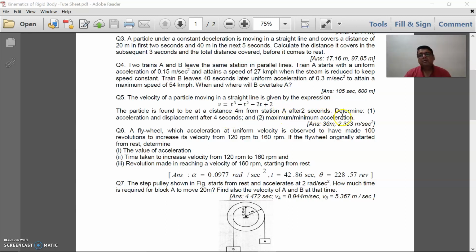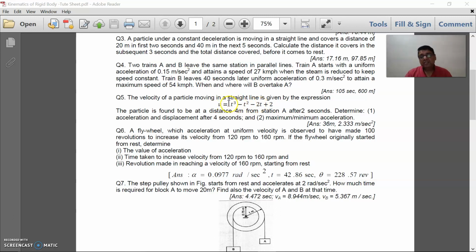Maximum and minimum acceleration. Now one thing comes to my mind, what do you mean by this maximum and minimum acceleration? If I look closely, velocity v is equal to t cube minus t square minus twice t plus 2. From this, to calculate acceleration, I'll say a is equal to dv by dt, and I'll differentiate it.